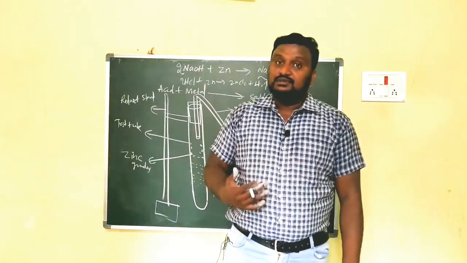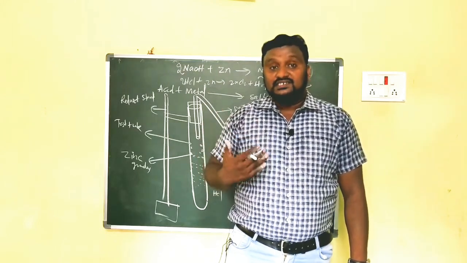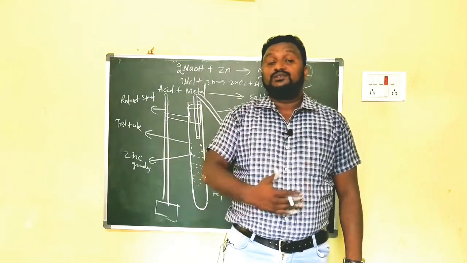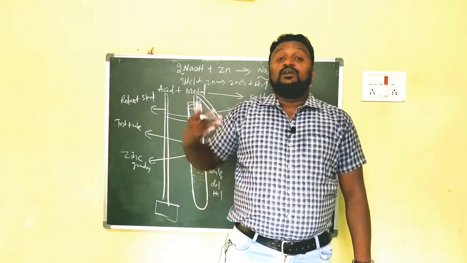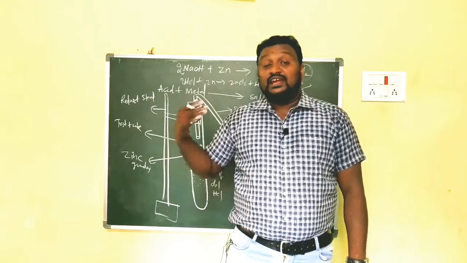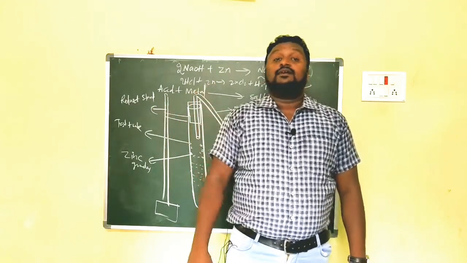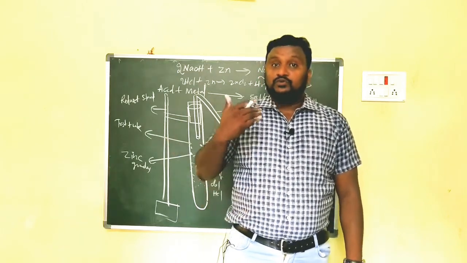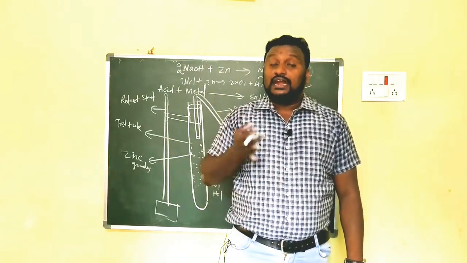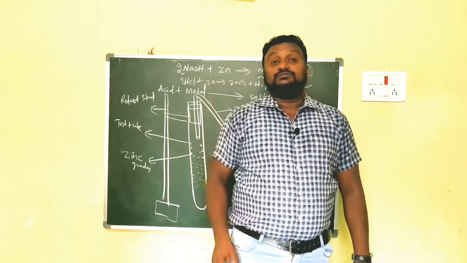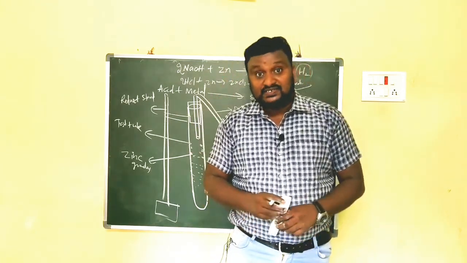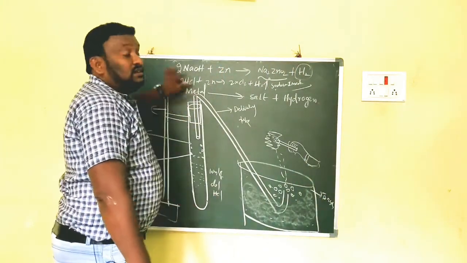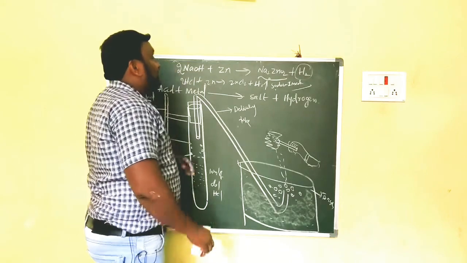So children, this is about the reaction of acids with metals and bases with metals. The conclusion: acids produce salt and hydrogen when they react with metals, but only a few bases form salt and hydrogen, not all bases. This is the difference between bases and acids in their reaction with metals.